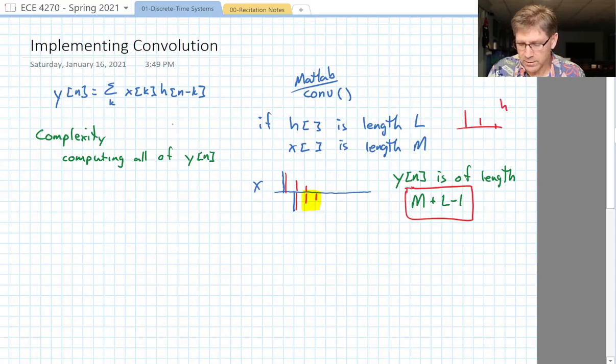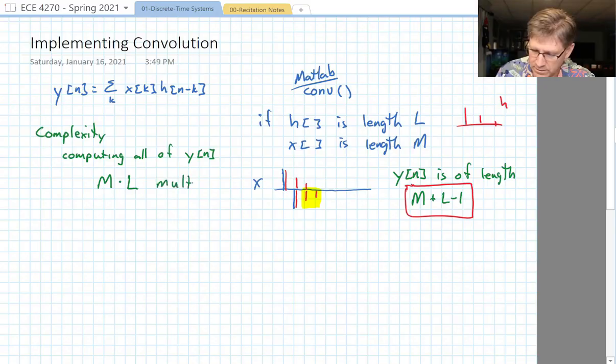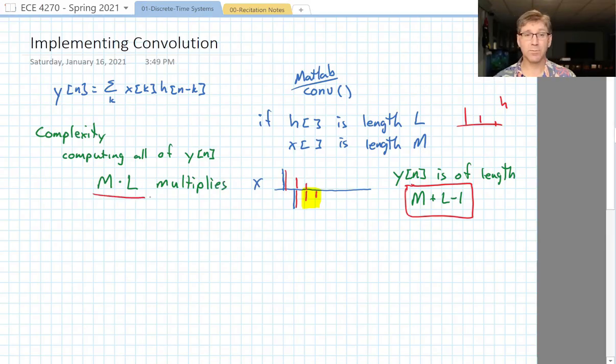Well, we're going to be multiplying x of k times the entire sequence h, and we're going to be doing that M times. So there'll be M different x's that we're going to be multiplying, and each one is going to multiply every sample of h. So we have M times L multiplies to compute that output.